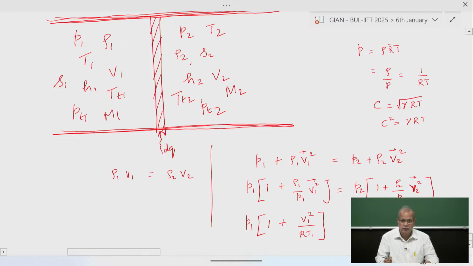Is this okay? That is equal to P2 into 1 plus, in place of rho2 by P2, 1 by R T2.